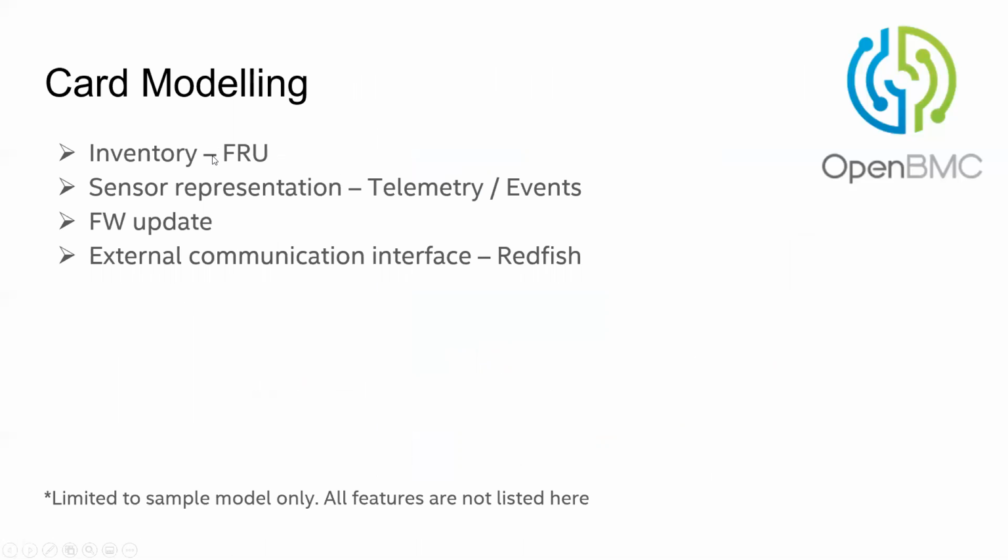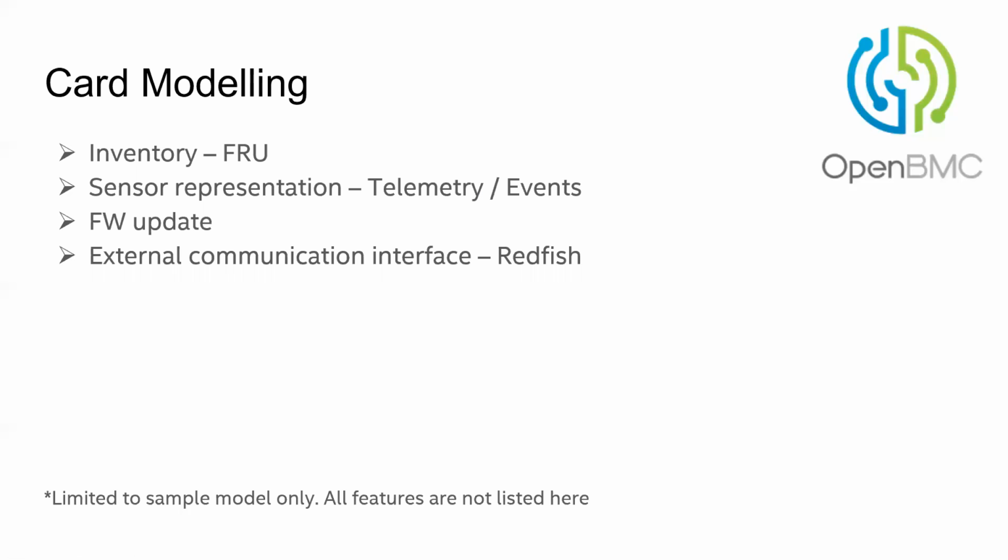But at a higher level, whenever we say inventory, the logic here is we need to identify what is the add-on card which is connected to the system. And we need to understand the model or whatever it is, and accordingly enroll it to the orchestration software or inventory data center management software, right? That inventory or FRU is what we are calling card modeling.